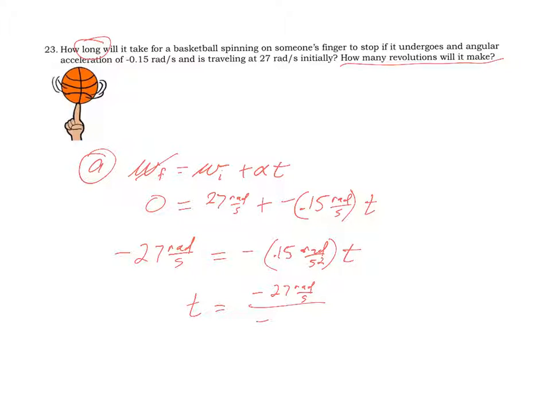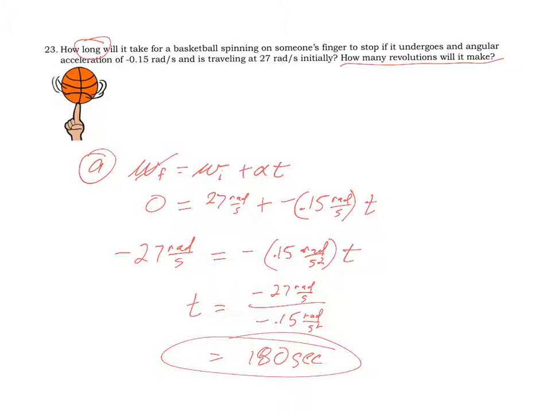This is a negative here, so I don't get negative time. So 27 divided by 0.15, it's going to take 180 seconds, really? That's a long time. These aren't real numbers.